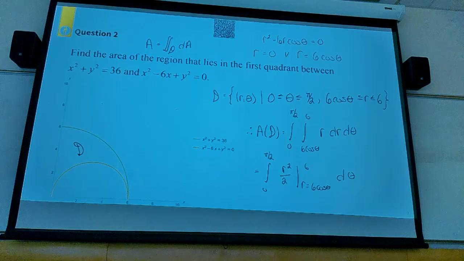Evaluate that, r equals 6 cosine theta to 6. Get that? Back out 36.